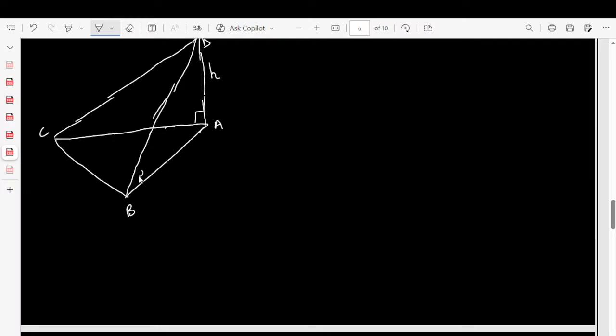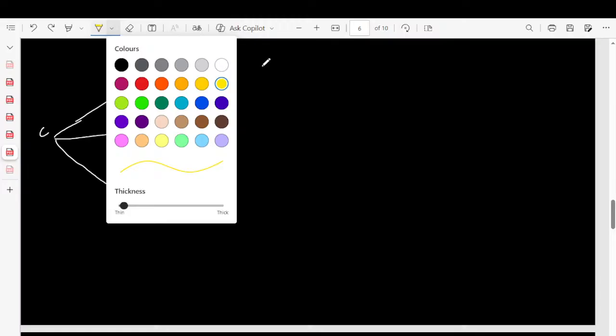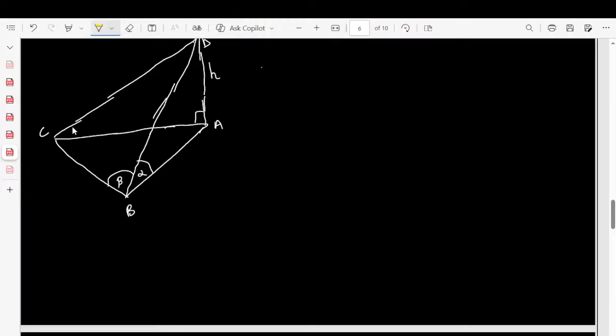I have this as alpha, this angle here, I have this as beta, that angle there, and then we have this whole angle here. This whole angle here is given as theta.